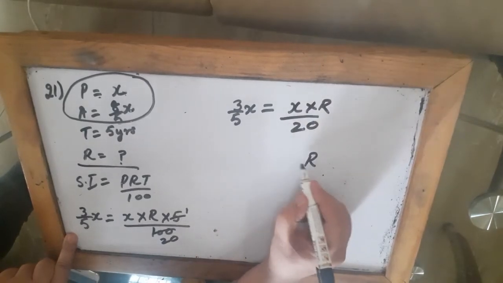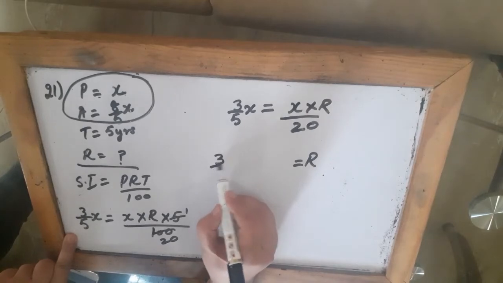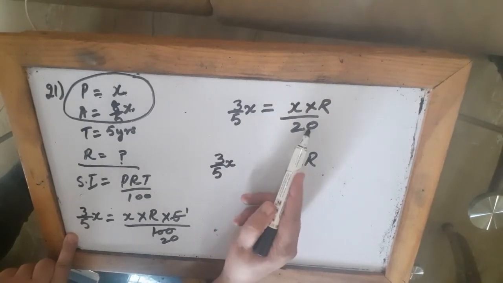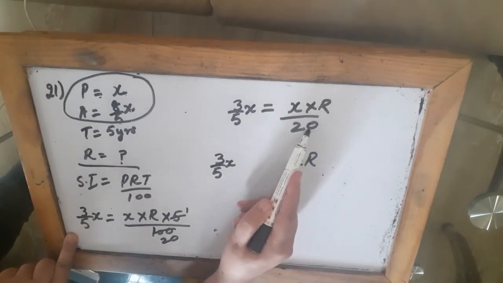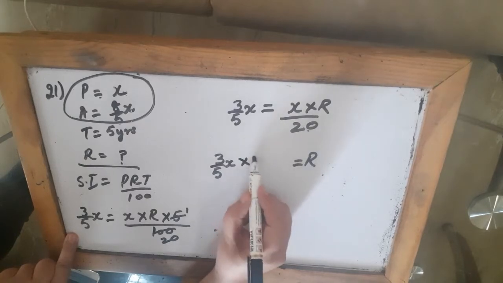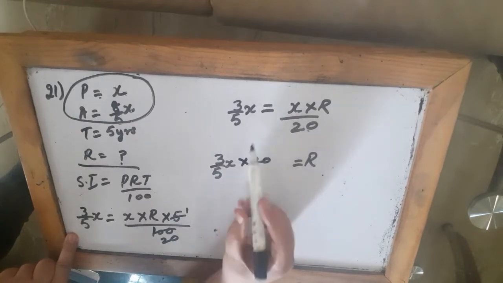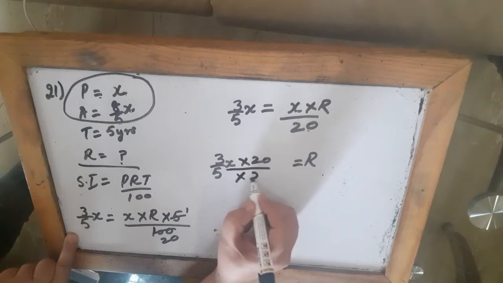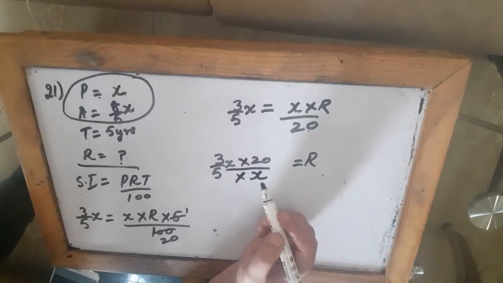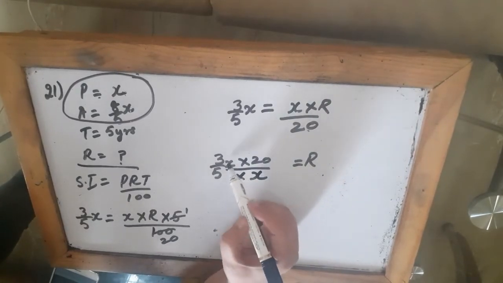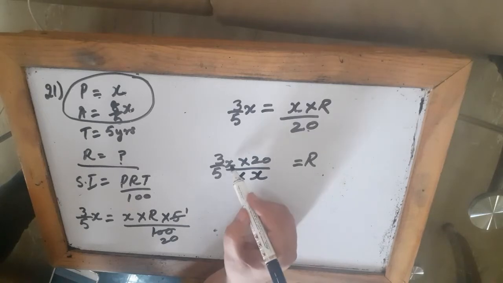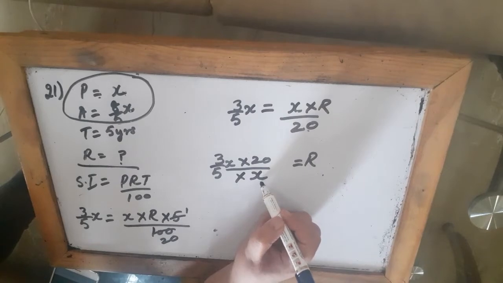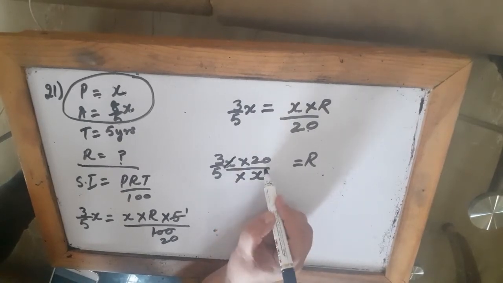Now to find r, what will happen? I will shift the other things to the other side. This 20 divide will become multiply over here, and this multiply will become divide over here. Okay, so now when you have x in the numerator and denominator, they get cancelled.